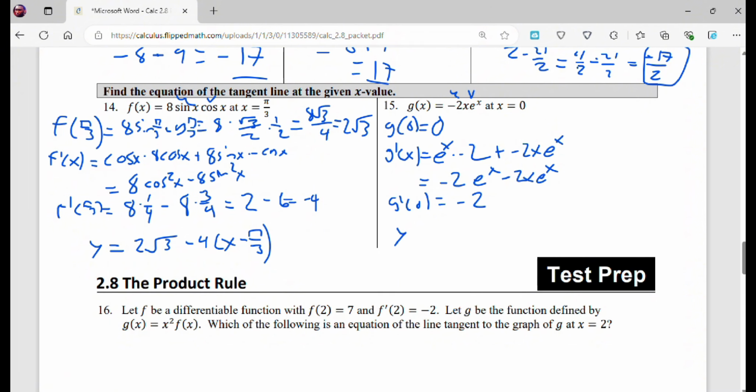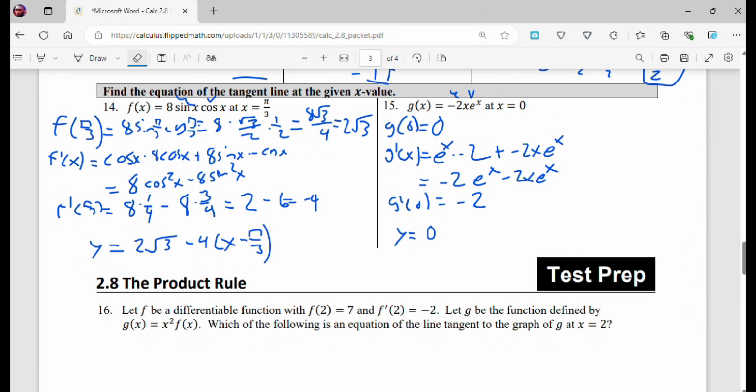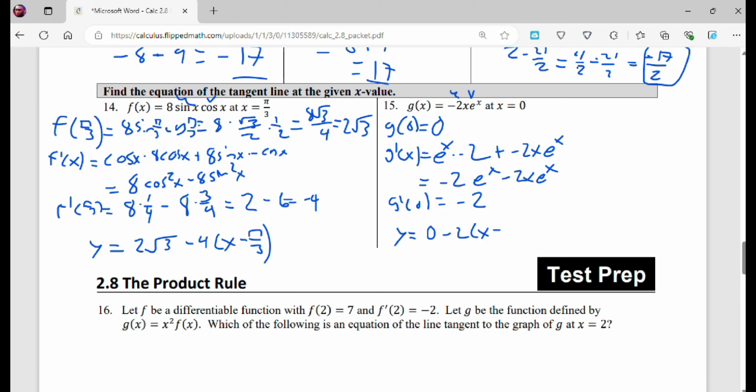So now y equals y1 plus negative 2 times x minus x1. So y equals negative 2x.